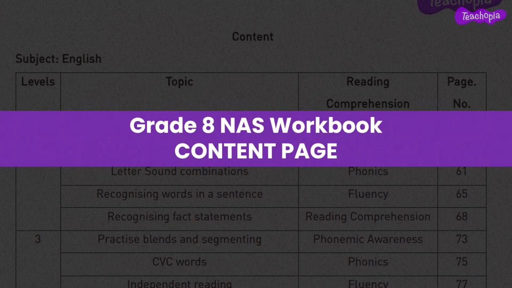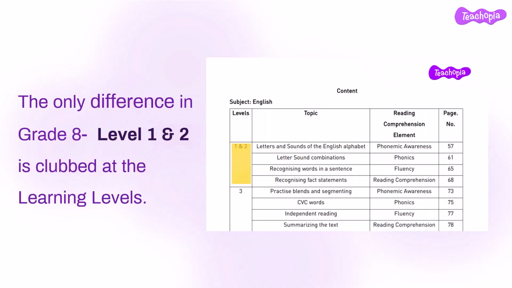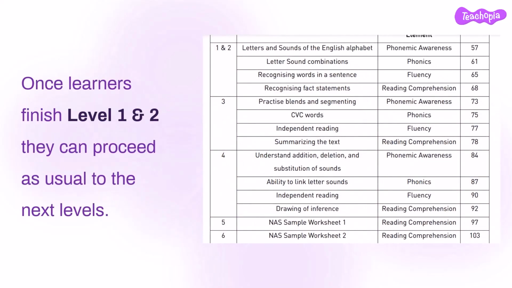Now to grade 8 NAS workbook content page. The grade 8 workbook is similar with one key difference. Learning levels 1 and 2 are combined in grade 8. After completing these initial levels, learners can continue to the subsequent learning levels and practice levels as usual.